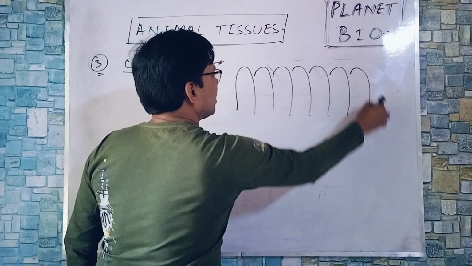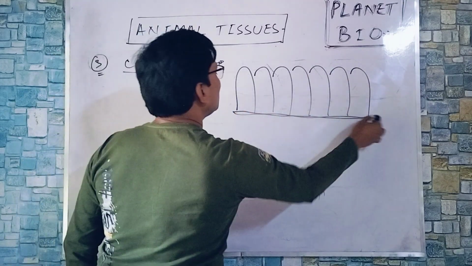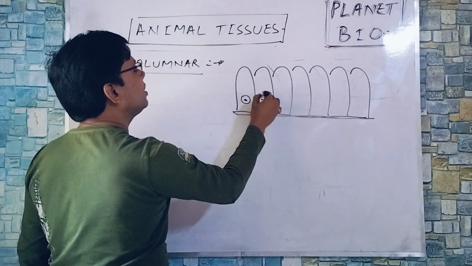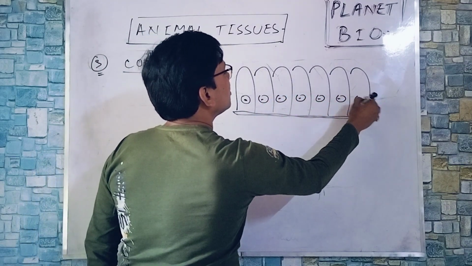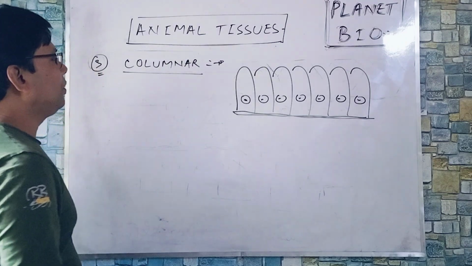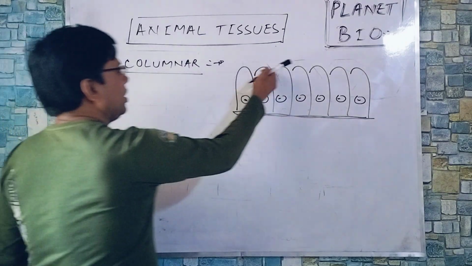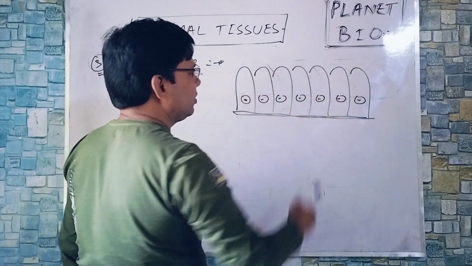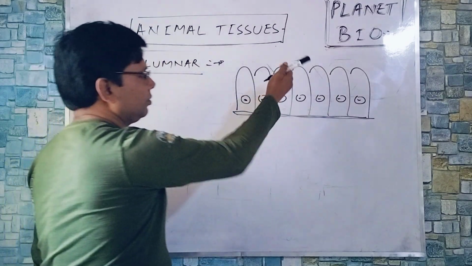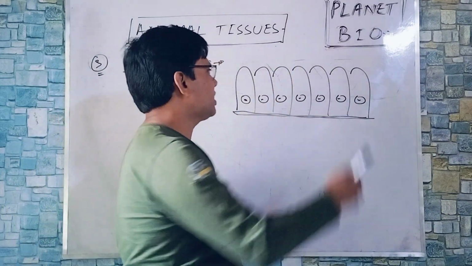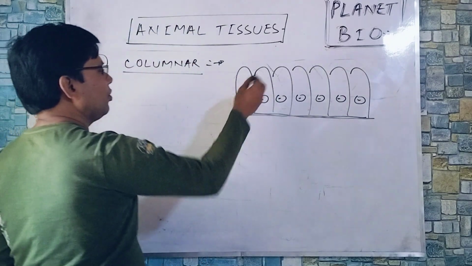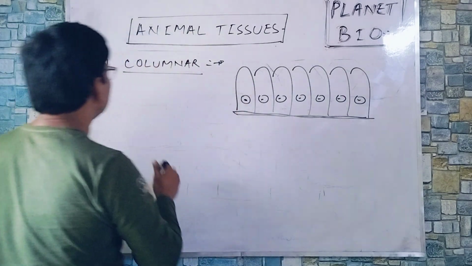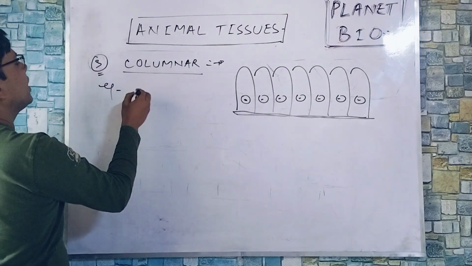Tall cells are there on the basement membrane, and the nuclei you can find towards the bases, right? And here in this area, the upper area, the exposed area, the free surface area, you can find microvilli. So the function is secretion and absorption. An example you can write.